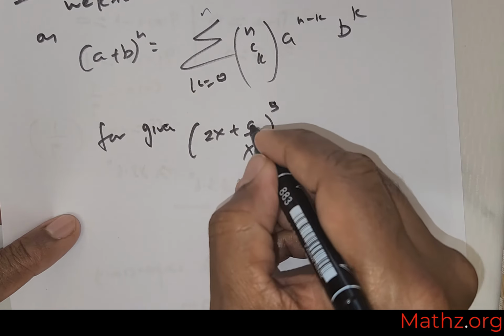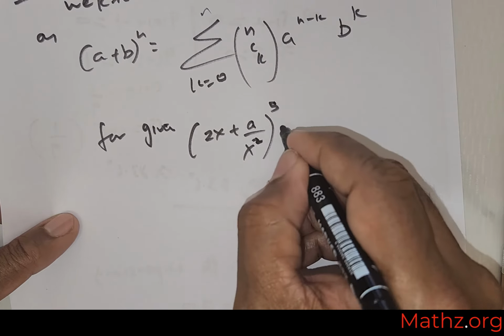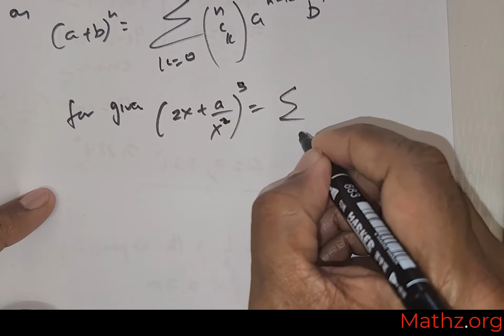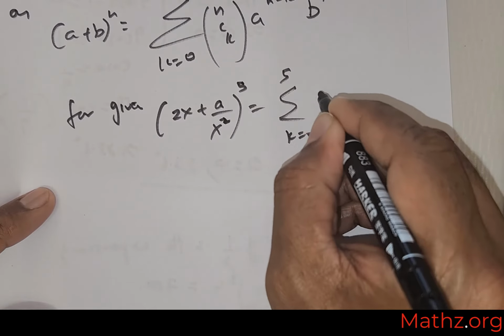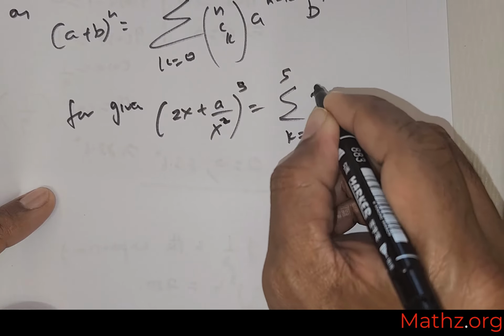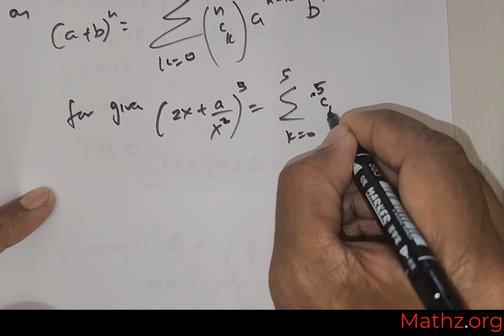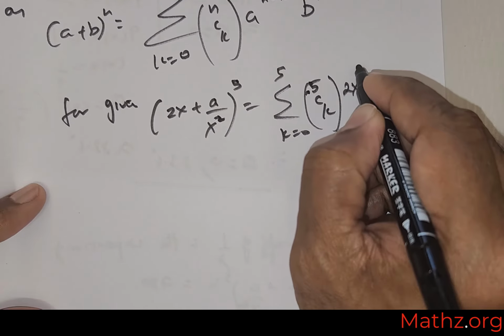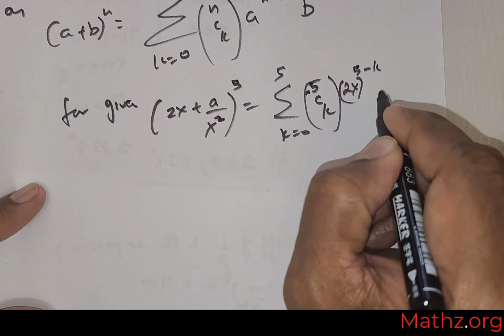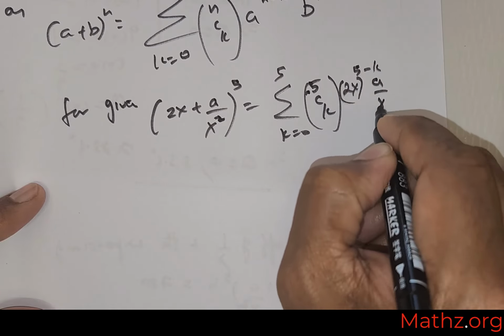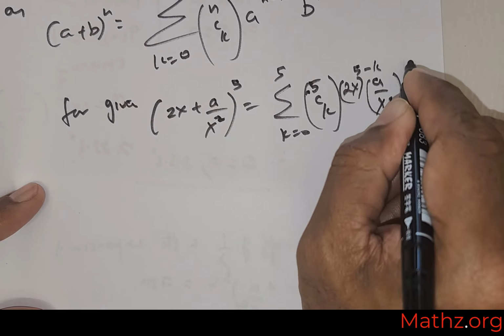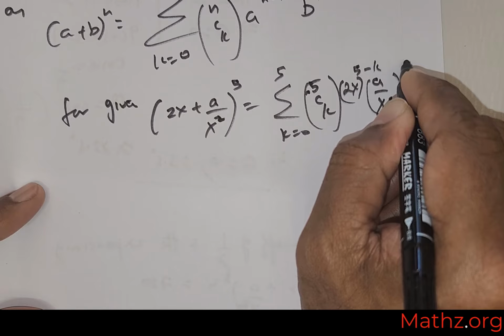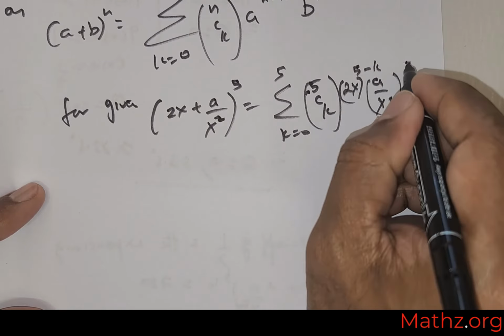So this is going to be sigma k equals 0 to 5, 5Ck times (2x)^(5-k) times (a/x^2)^k.